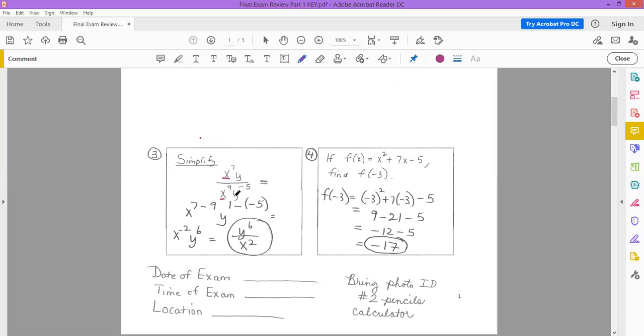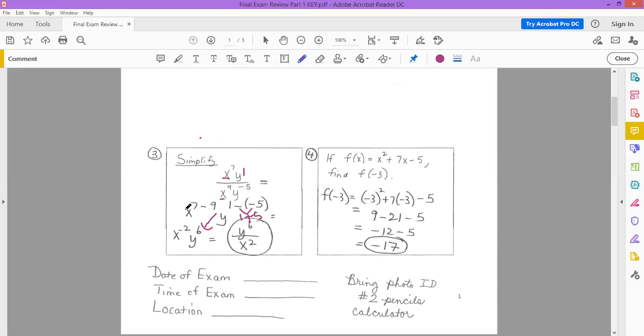And for our y terms, we keep the base of y and subtract. In the numerator, y is to the first power. So 1 minus negative 5, top power minus bottom power. Remember these two negatives become addition. So it's 1 plus 5, or y to the power of 6.